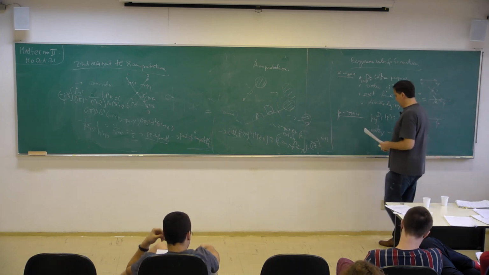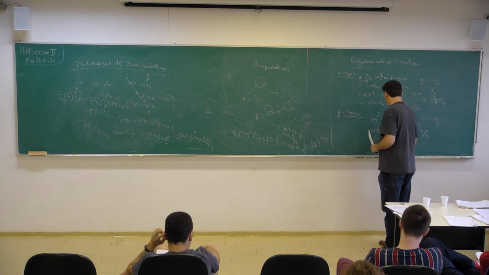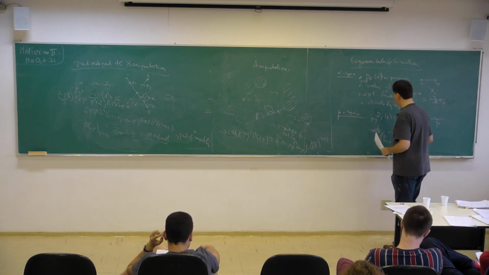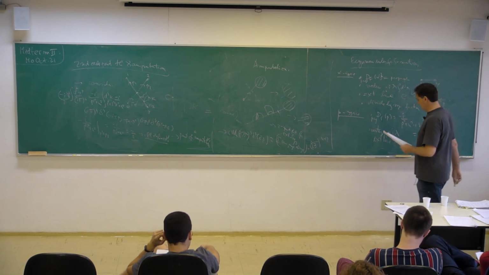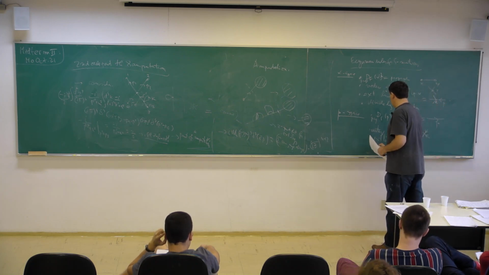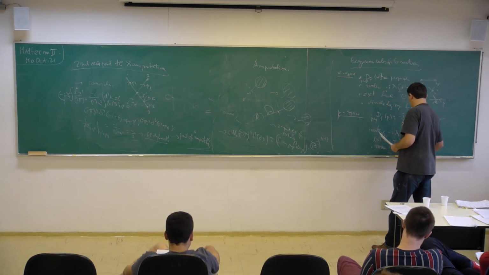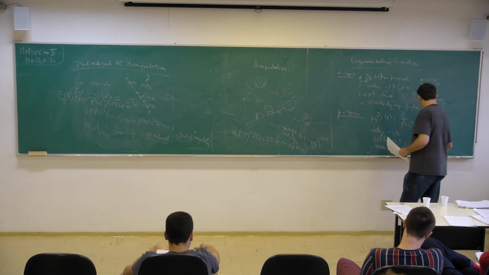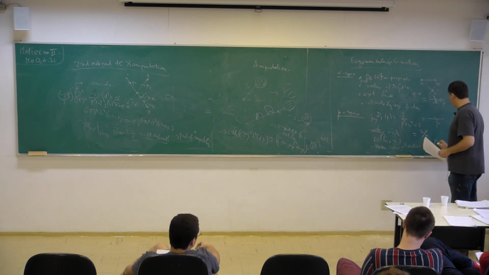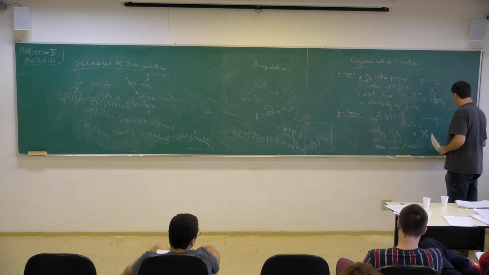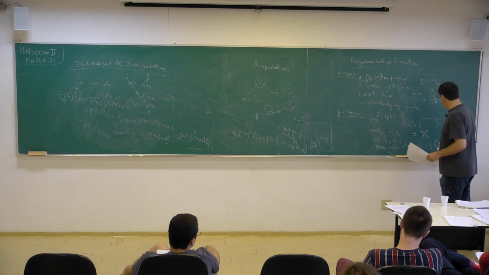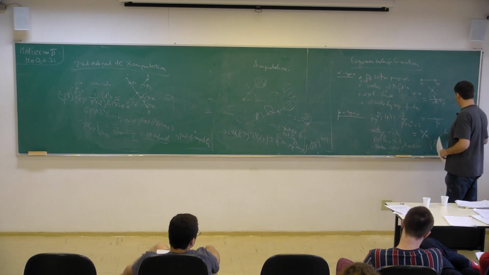And now the external line is 1, as before. And we have momentum conservation at vertices, and an integral d^4p over (2 pi)^4 for loop momenta, and divide by the symmetry factor.